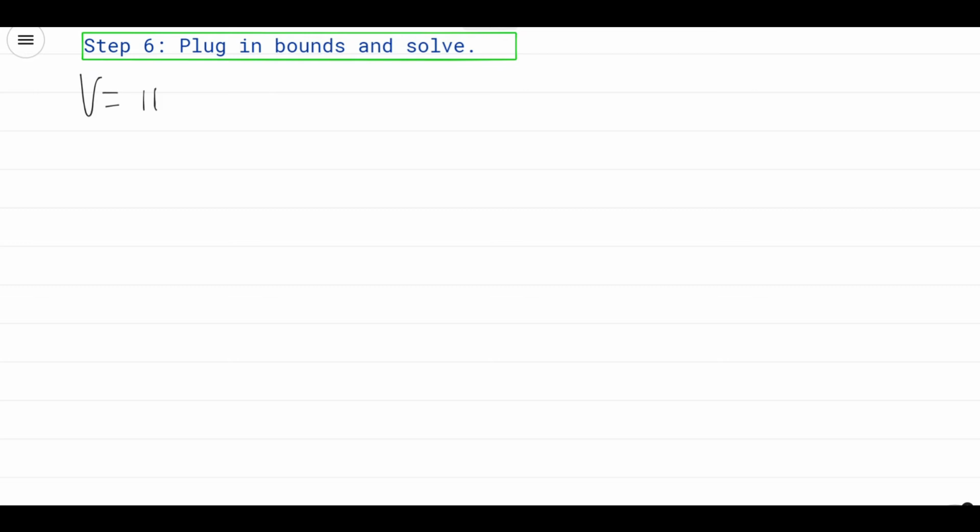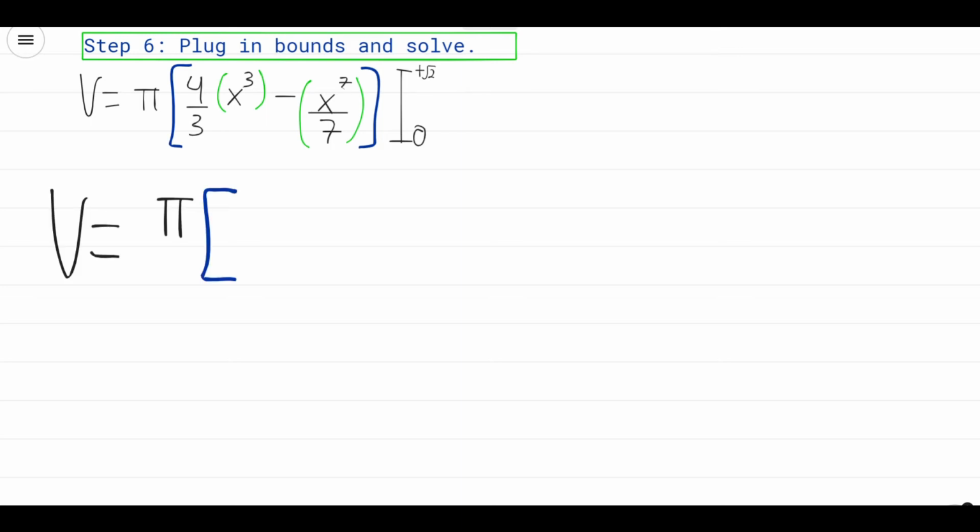So now we're going to plug in the bounds and solve this. So our volume is equal to 4 over 3 x cubed minus x to the 7th over 7, bounded from 0 to the positive square root of 2. All we're simply going to do is just plug in the bounds.